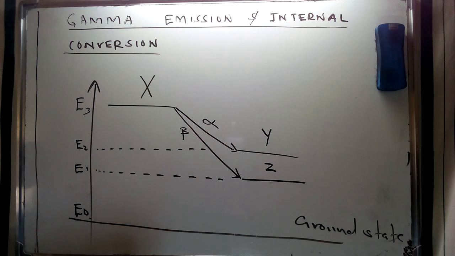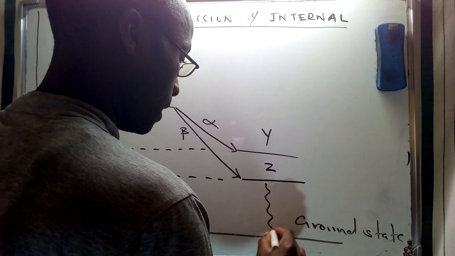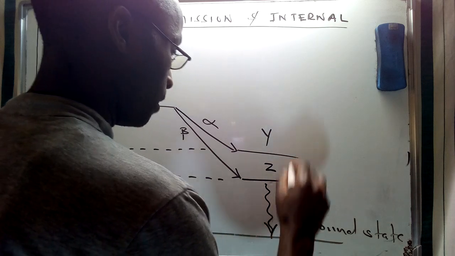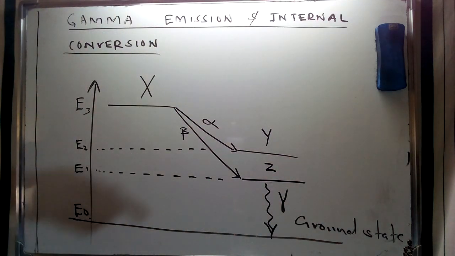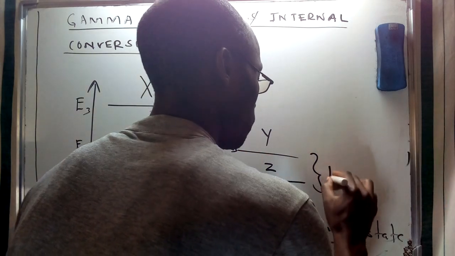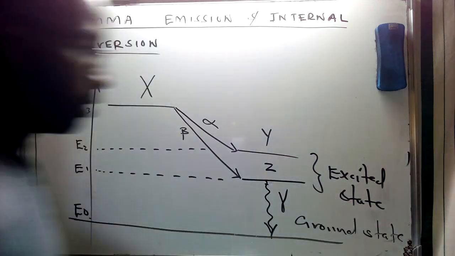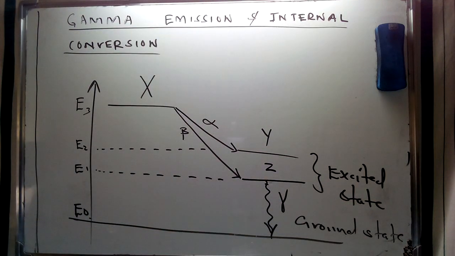This involves the release of energy in a process that is referred to as internal conversion, and this energy is in the form of gamma rays. So the gamma rays are released from this daughter nuclide to the last stage in order to attain stability from this excited state.